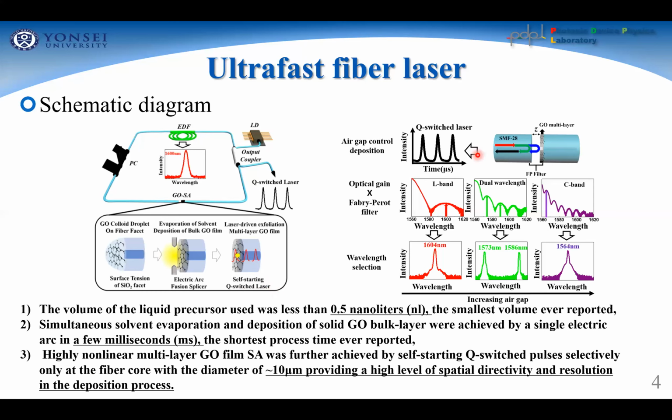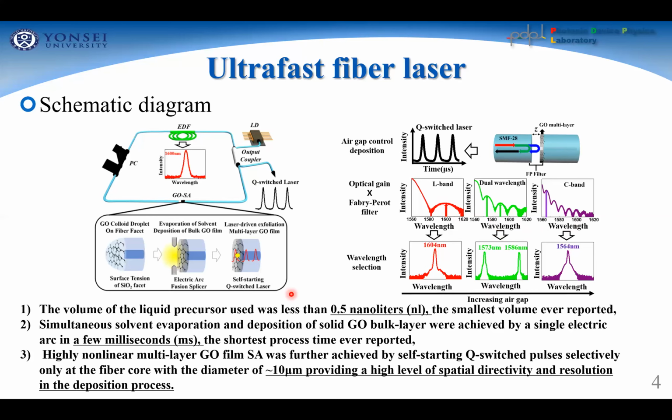We also tune the air gap between the optical fibers, and it has some filter structures, named Fabry-Perot filters. This red one, a green one, and a violet one are the filter structures, and they make tunable wavelengths like this.